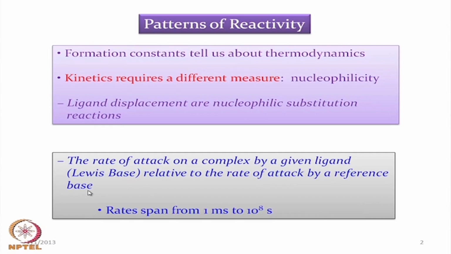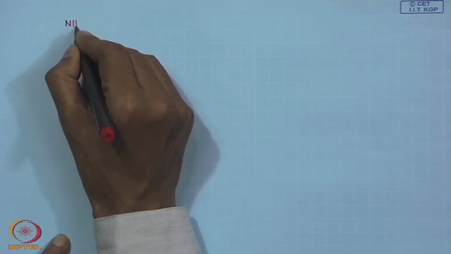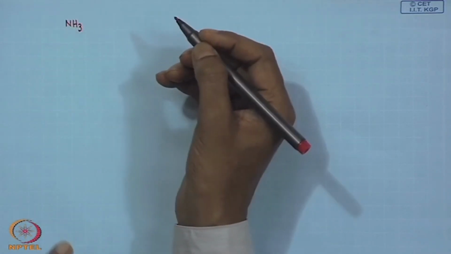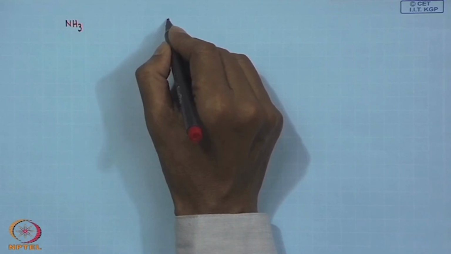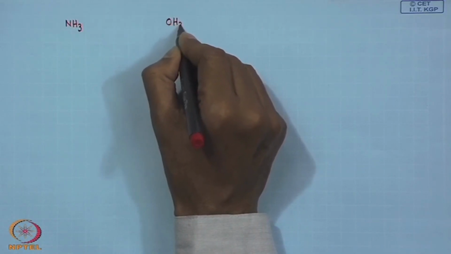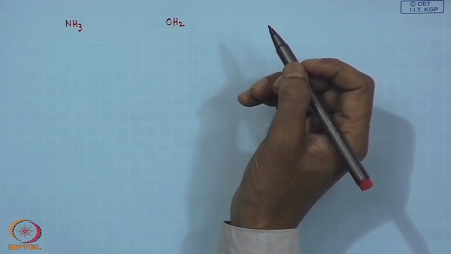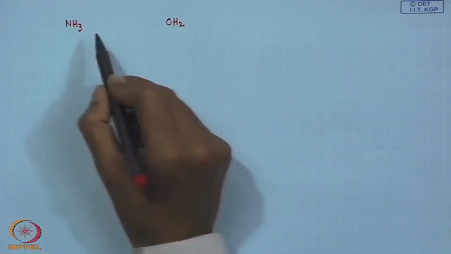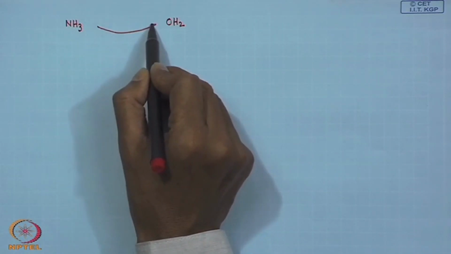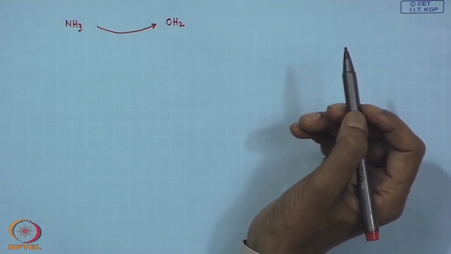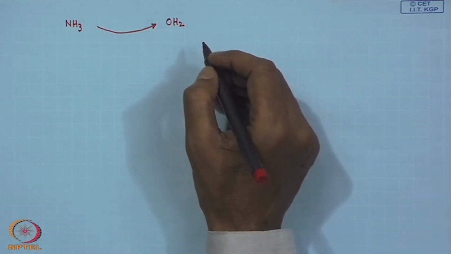If we consider a simple substitution reaction where the given ligand is, say, ammonia, which is a Lewis base, and the reference base is the water molecule, we can go for substitution of the water molecules of the metal aqua bond by the metal amine bond.